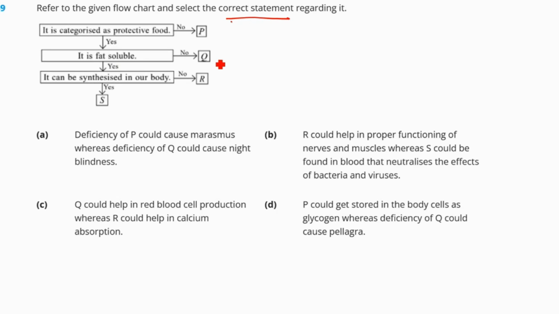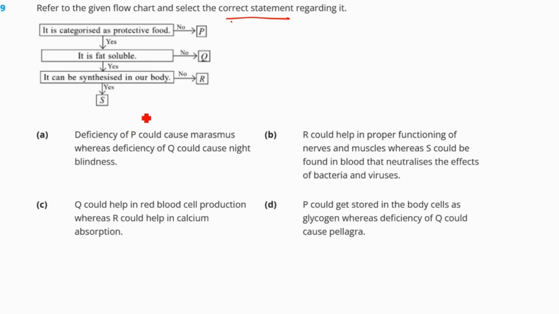So protective food but not fat soluble can be any fat soluble, can be any other vitamins. Okay. Yes, it can be synthesized in our body. No is R. S can be vitamin D that is synthesized in our body.